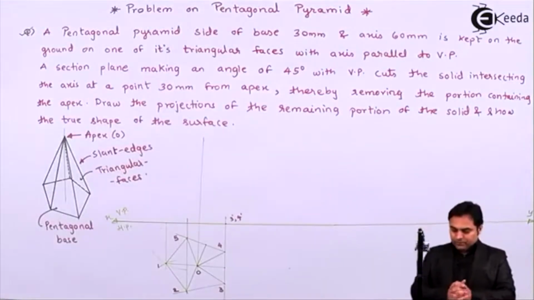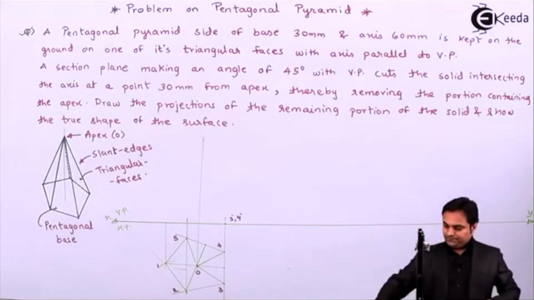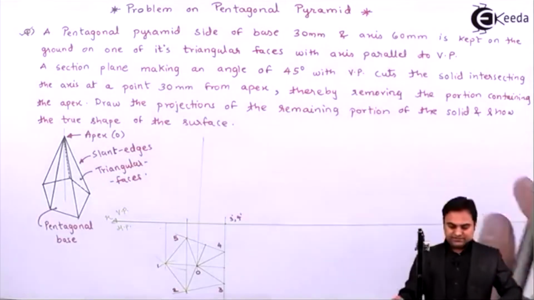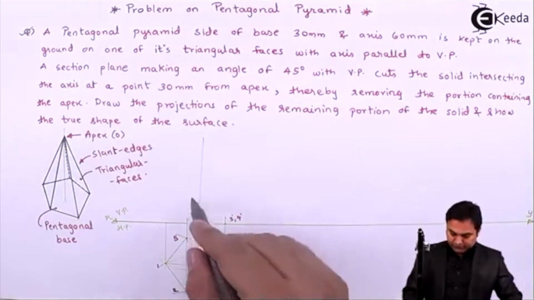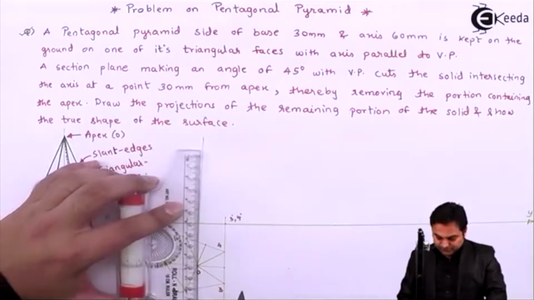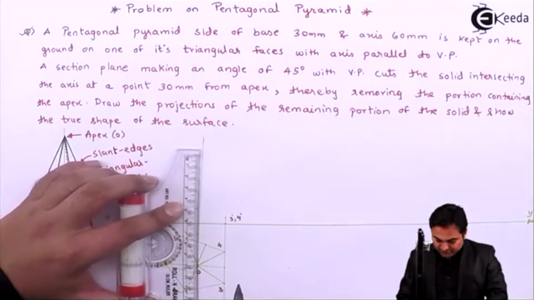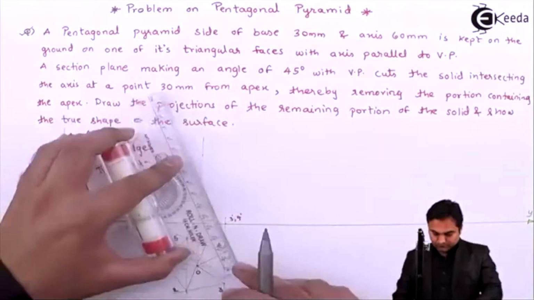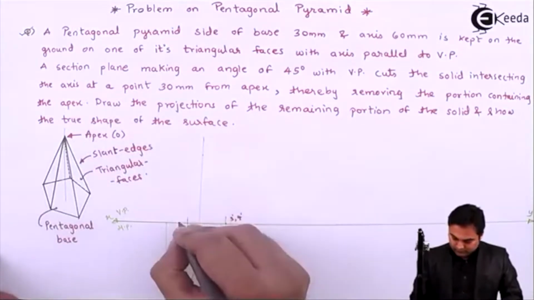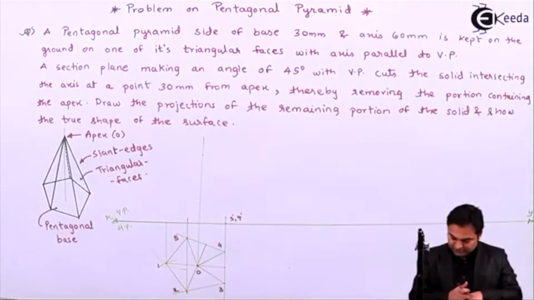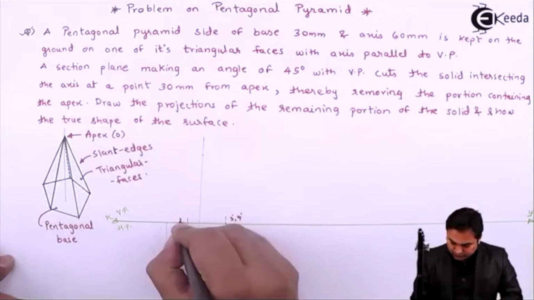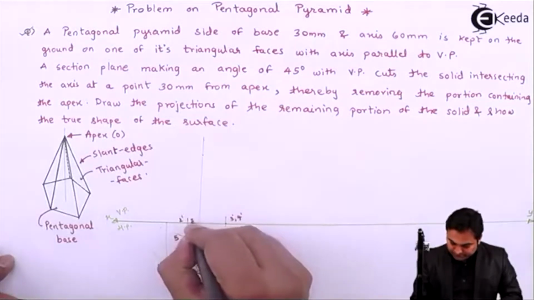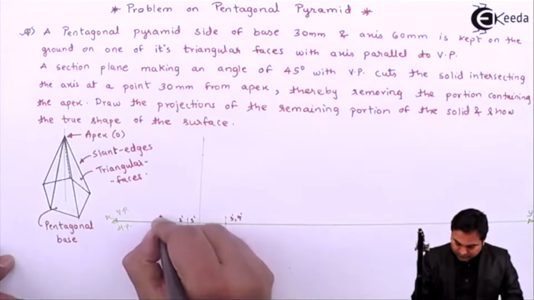Here the height is given, the axis is 60 mm long. So over this point O, which I have projected, I am going to measure 60 mm. Here we have points 2 dash, 5 dash on this same line. This is 1 dash.